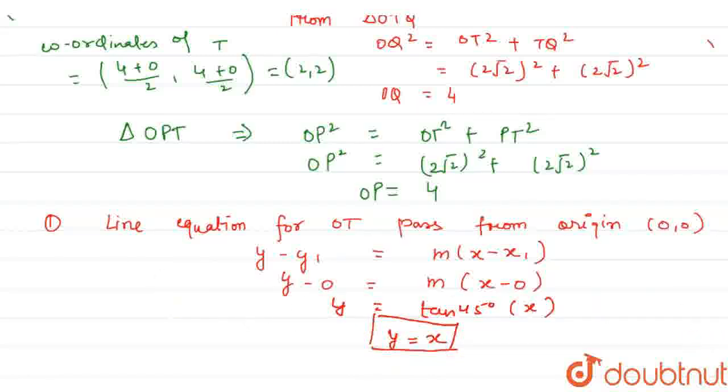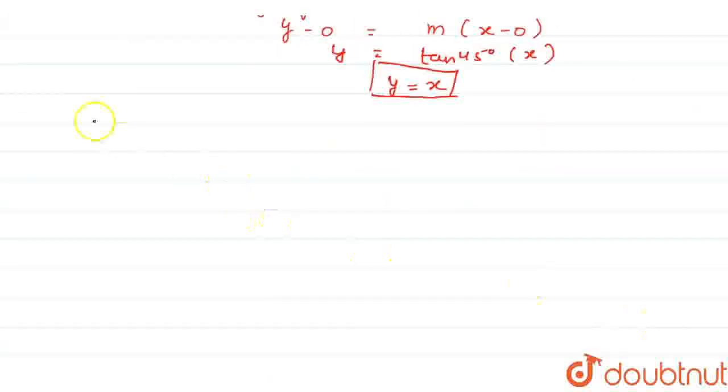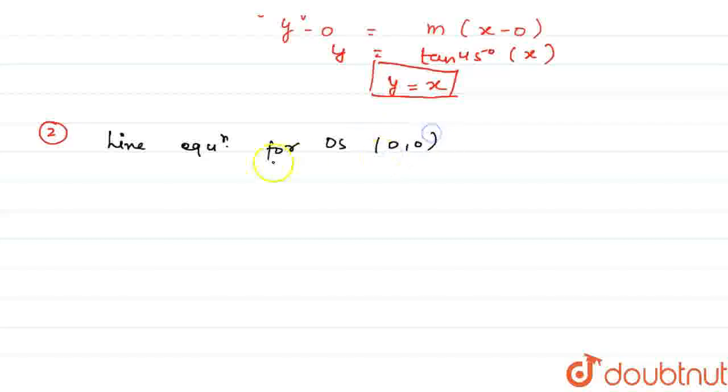Now for the second one, the line equation for OS, which is also passing through the origin but in the negative direction. So the coordinates are 0, 0. So y minus 0 is equal to m into x minus 0.